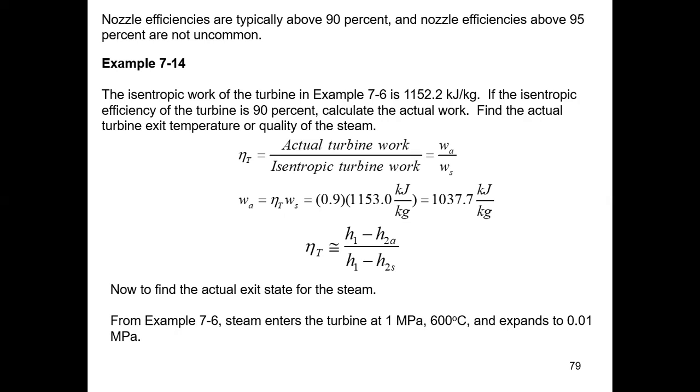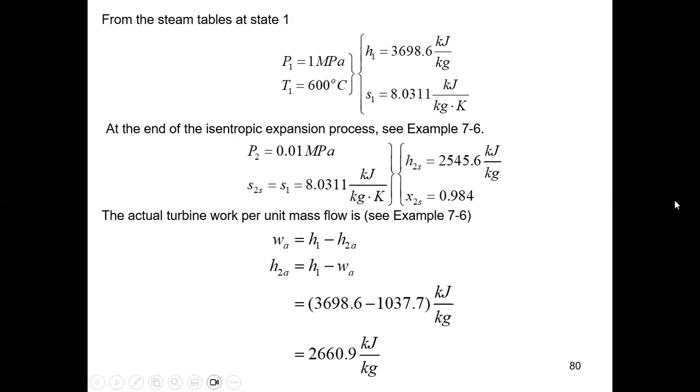Now we need to find the actual exit state for the steam. From example 7.6, steam enters the turbine at 1 megapascal, 600 degrees Celsius, and expands to 0.01 megapascal. And you know P1, T1, from the table you know H1, S1.